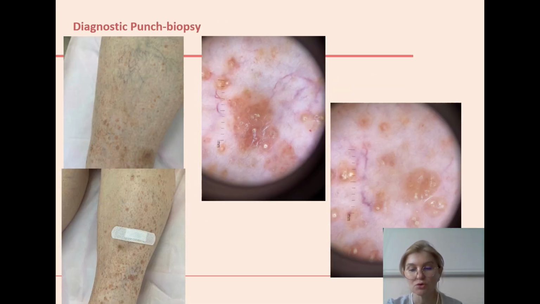This slide shows a patient with such a clinical and dermatoscopic picture, which doesn't provide clear data for diagnosis. Histologists have given the answer: it's parapsoriasis.